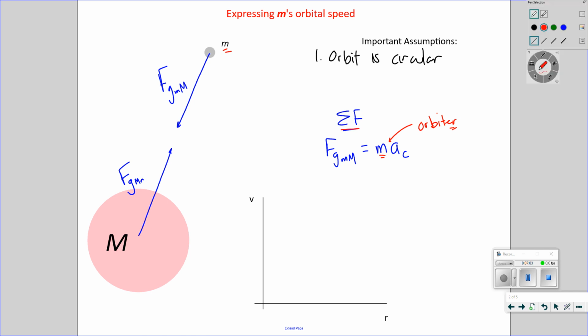Now, a minute ago, what we did last slide is we expressed our gravitational force in terms of object little m's mass and object big M's field. But what we can also do is write this gravitational force the way that Newton expressed, which is big G times the product of masses divided by r squared.